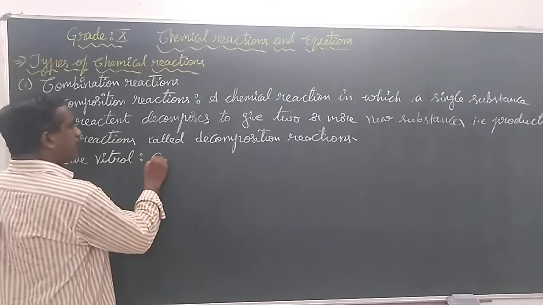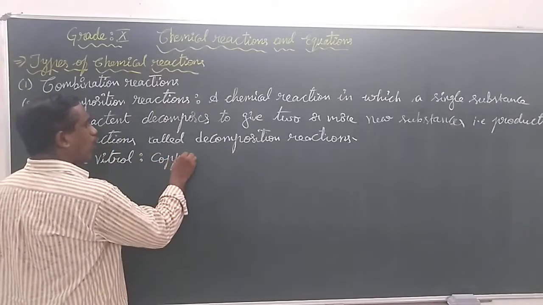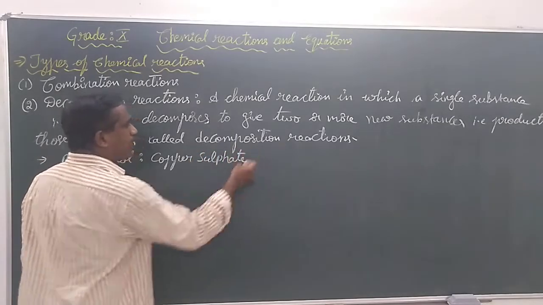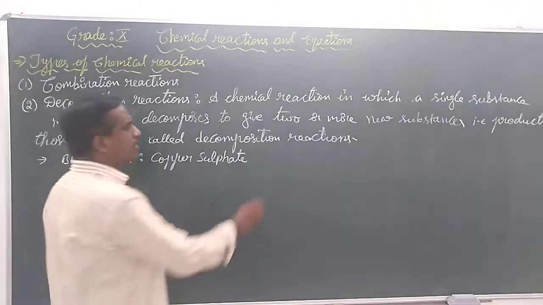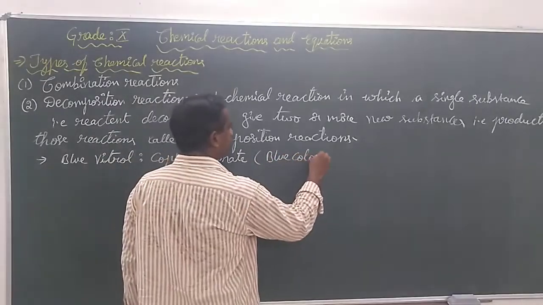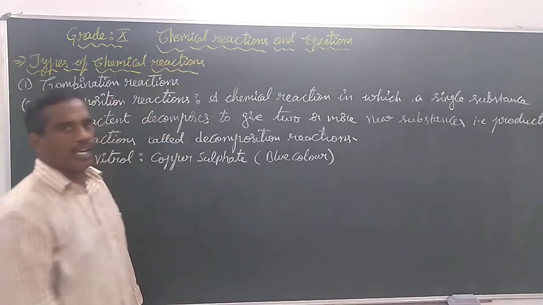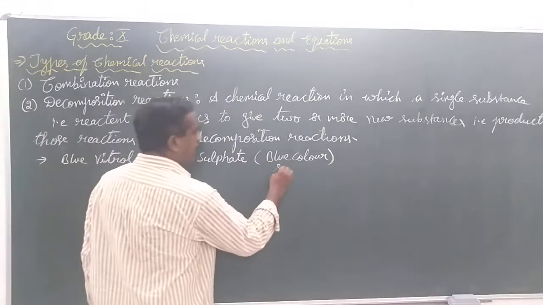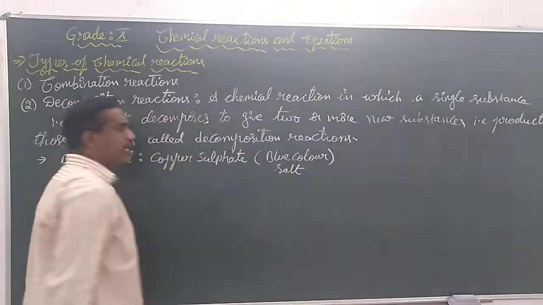Blue vitriol is called copper sulfate. It is so called as blue vitriol because it has a blue color. The salt of copper sulfate appears blue in color.